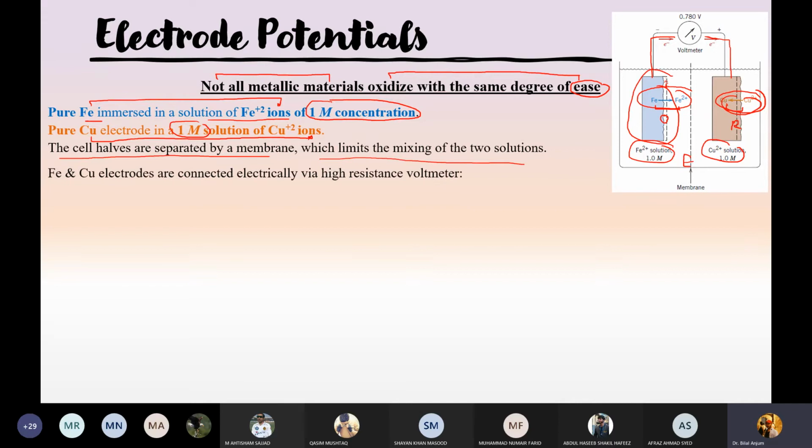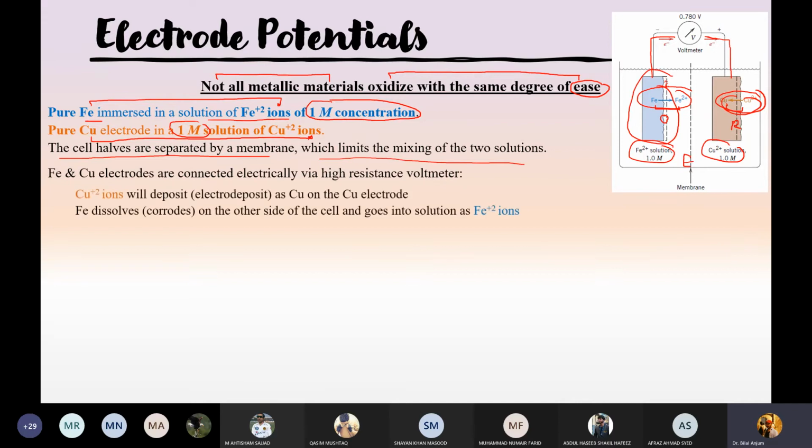So we have seen that as a result of this connection, copper ions will deposit as copper on the copper electrode, and iron would dissolve or corrode on the other side of the cell and go into the solution as Fe2+ ions. This is the overall reaction. Copper reducing, iron oxidized.